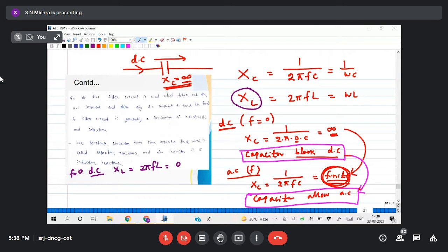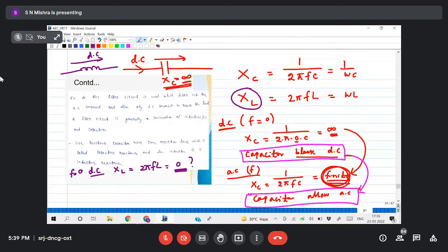Yes, sir. So whenever I pass DC through an inductor, this is my inductor, does it have any opposition, or will it offer any resistance? No, sir, zero resistance.